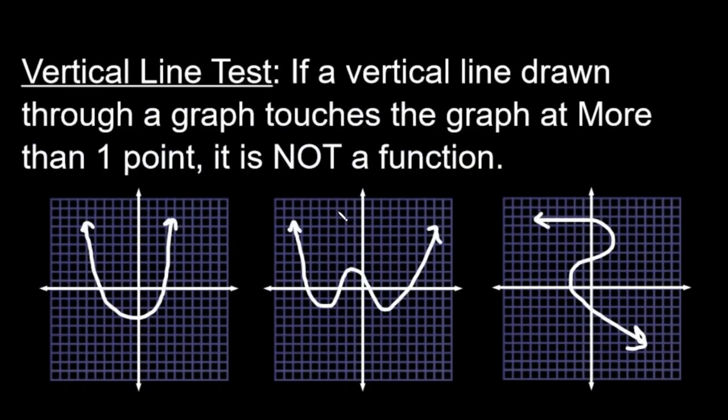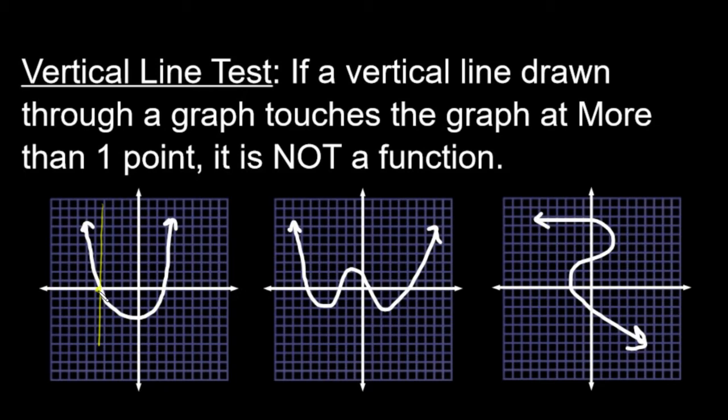Vertical line test. This is a really simple thing to do if you know how to do it. If a vertical line drawn through a graph touches the graph at more than one point, it is not a function. So you can draw your vertical line anywhere. So right here, did I touch the graph at more than one point?